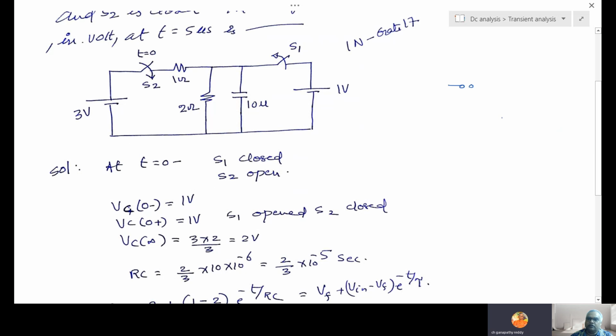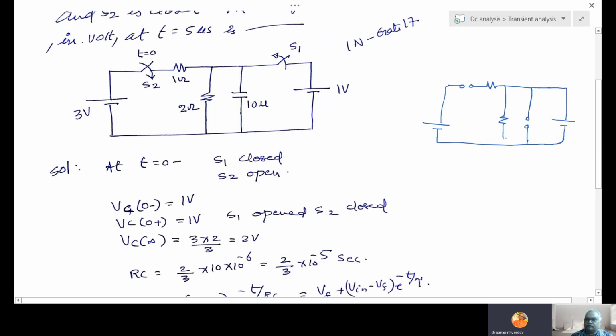Resistor, resistor, and in steady state the capacitor, and this is closed.